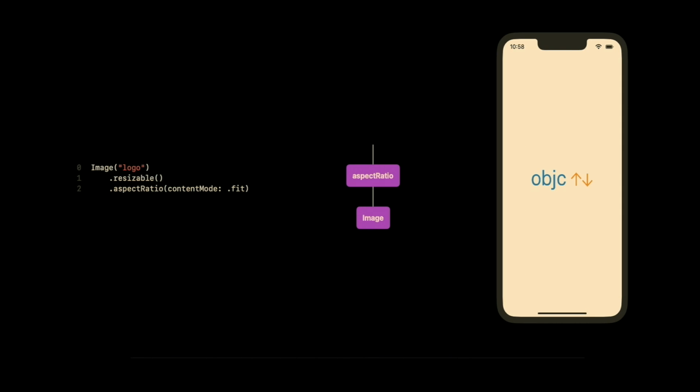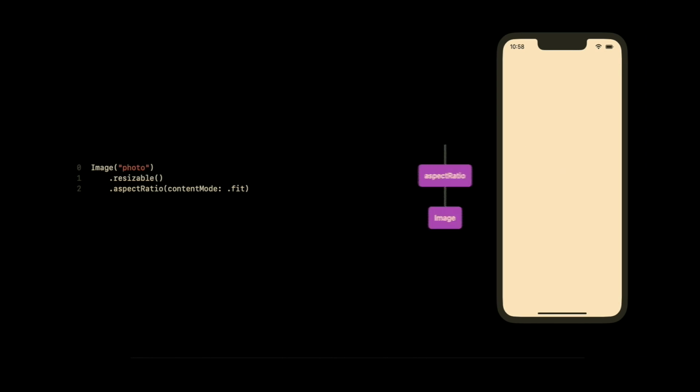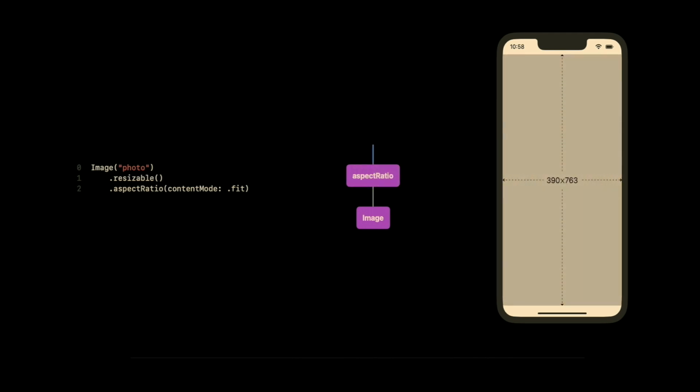Now, let's look a little bit at a photo. What happens here? So if we propose the safe area to our photo, this is the safe area. We propose to the image. And aspect ratio needs to, again, do nil by nil, even though this is a different, or especially because this is a different image, right? It proposes nil by nil.